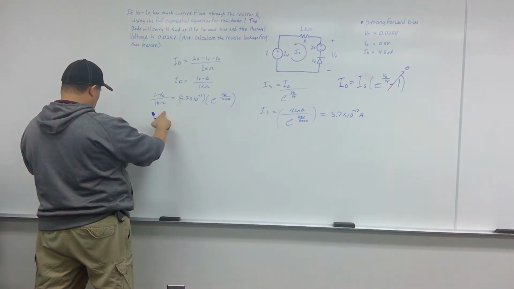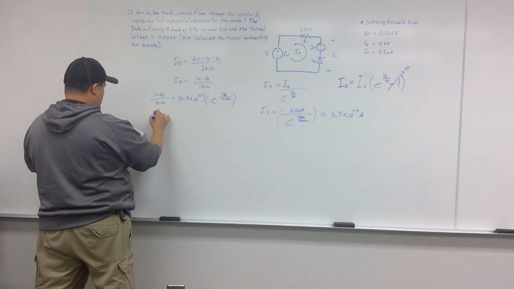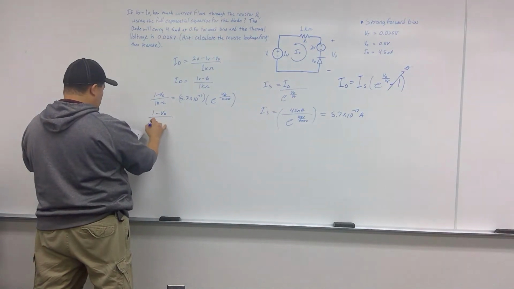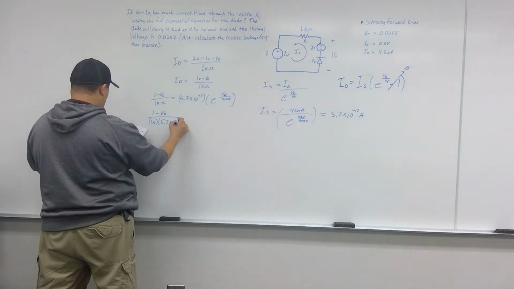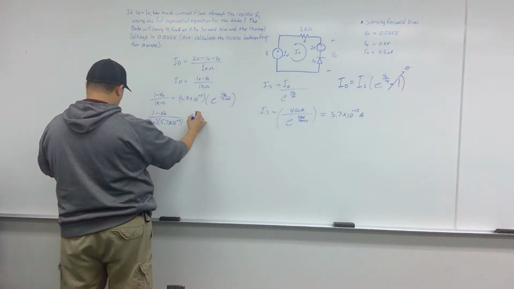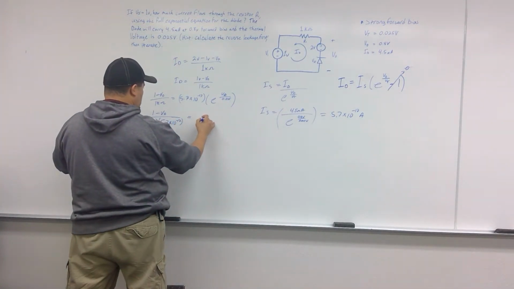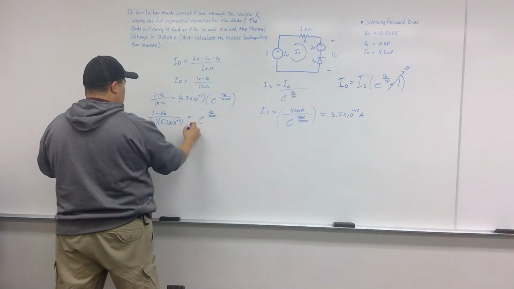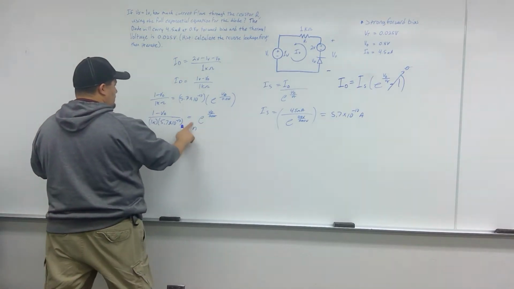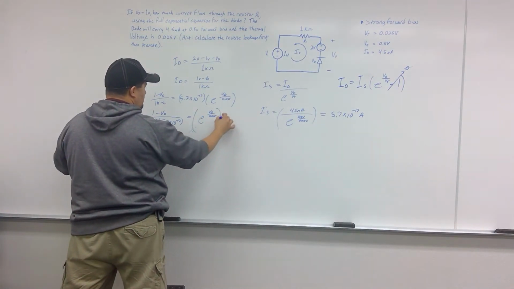Divide over, and then 1 minus VD on this side over 1K times 5.7 times 10 to the negative 17 is equal to e to the VD over 0.025. We take the ln of both sides.